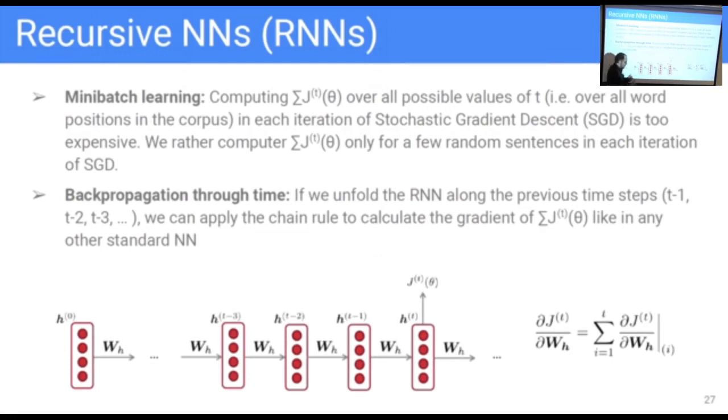And then to be able to apply backpropagation, because so far we have only applied backpropagation to feed-forward neural networks, to be able to apply it to a recurrent neural network, what we do is backpropagation through time.